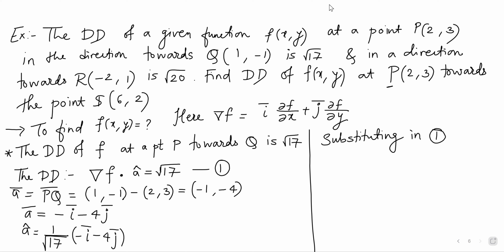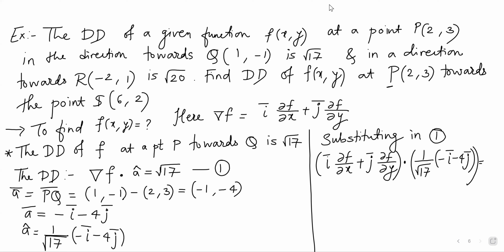What I get is del f. Del f is what? i bar times del f by del x plus j bar times del f by del y, dot A cap is what? 1 upon root 17 times minus i bar minus 4j bar, which is equal to root 17. Correct? So take the dot product here.